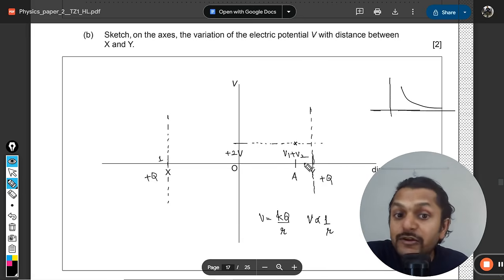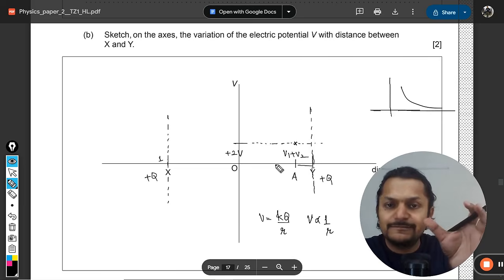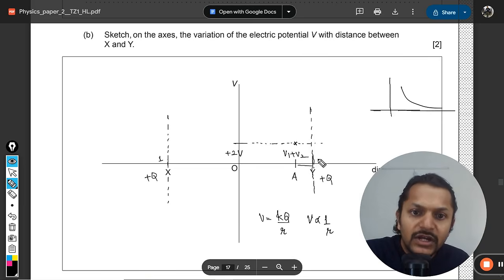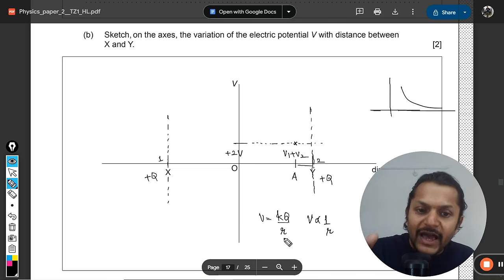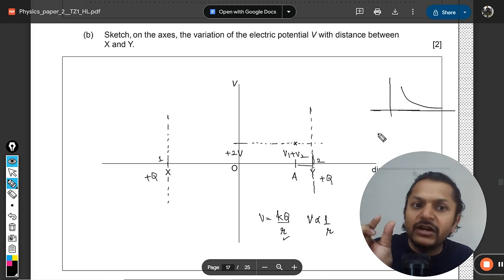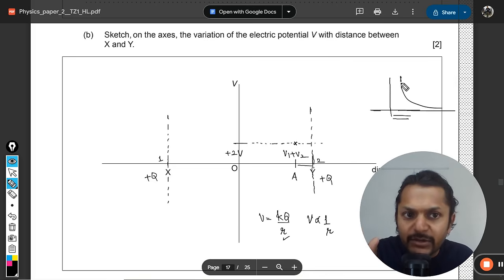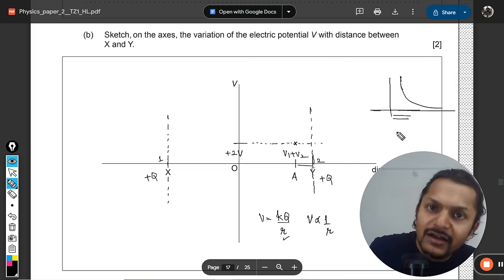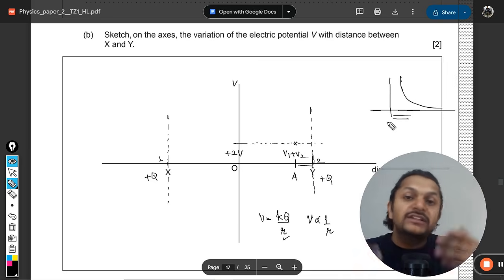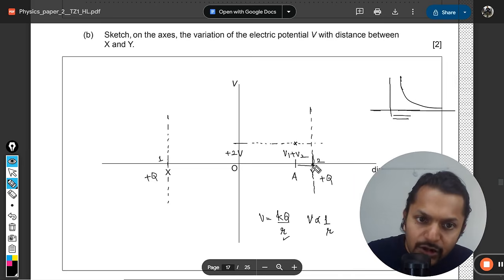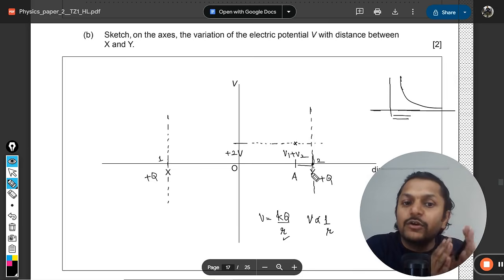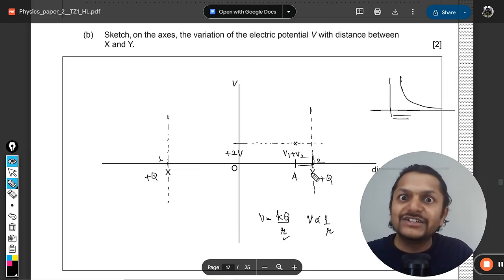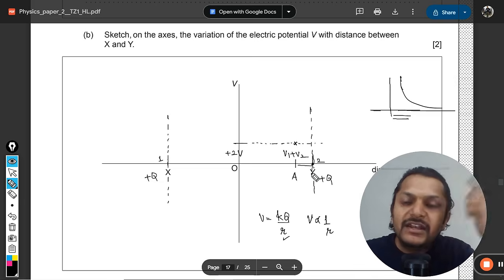But what about V2? For V2, the distance is reducing and it is becoming very, very small. As the distance becomes smaller, the value of the potential becomes very high. The nearer you are, the higher the potential, and you are literally talking about a point charge. So if this distance tends to zero, the potential because of the second charge will tend to infinity.